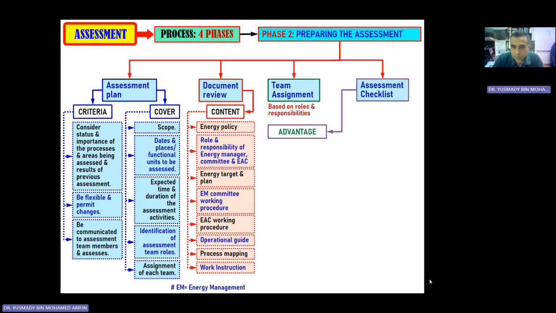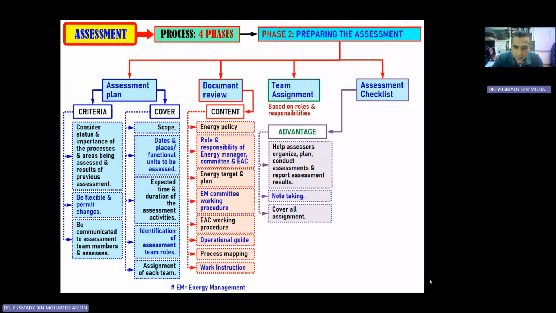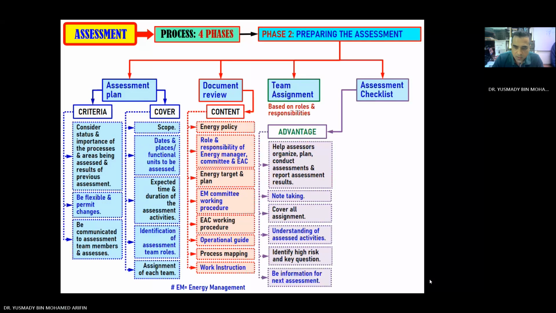Assessment checklist. What are the advantages and also disadvantages? For the advantages, the assessment checklist will help assessors organize, plan, conduct assessment, and report assessment results. Note taking, cover all assignments, understanding of assessed activities, identify high risk and key questions, and the last one, be information for the next assessment.